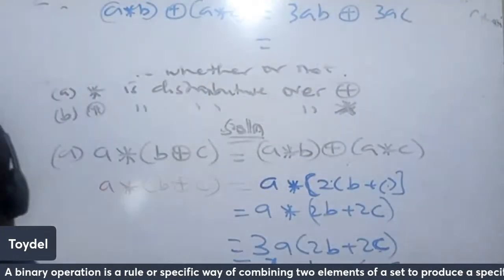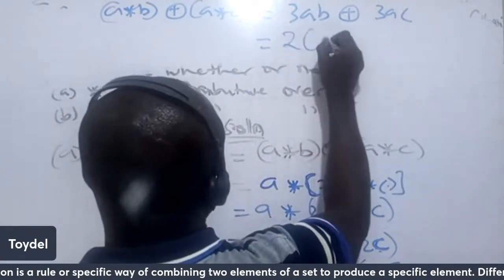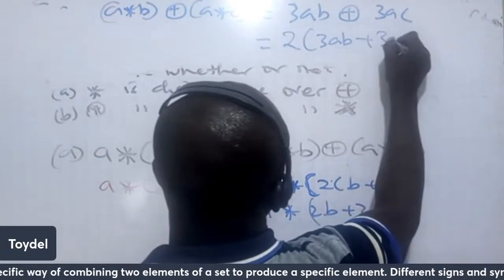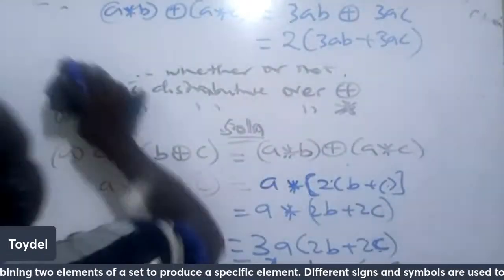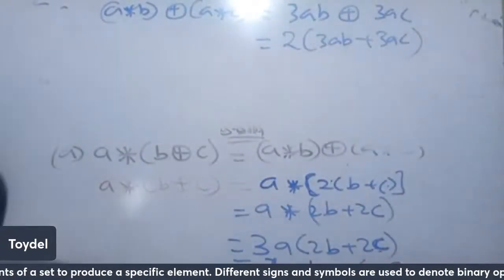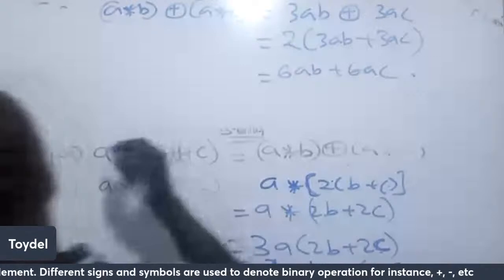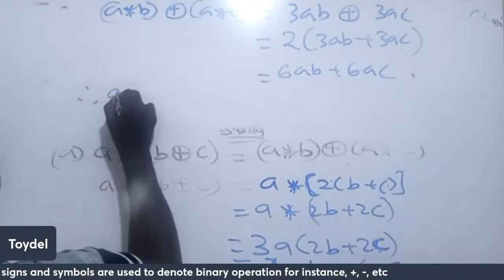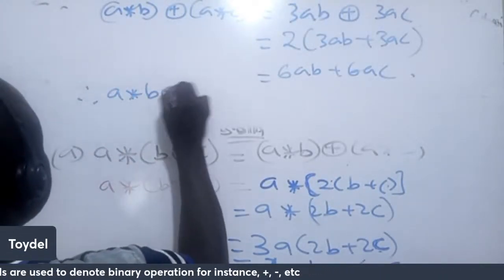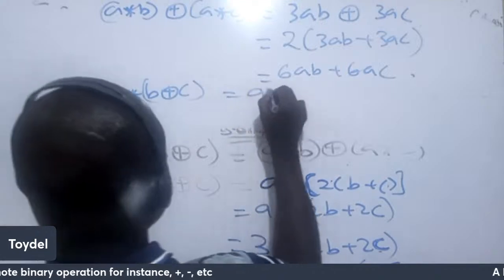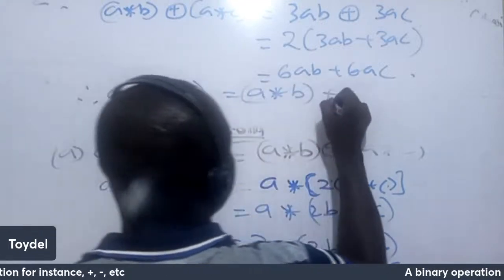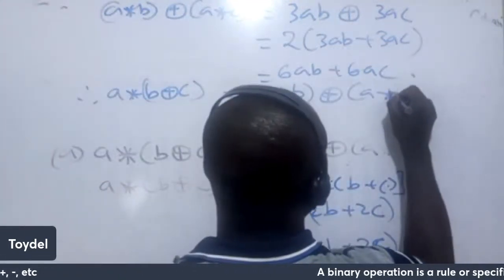So when we have plus, it's given as 2 into bracket 3AB plus 3AC. So if I open up, I'm going to have 6AB plus 6AC. Therefore, A asterisk B plus C is equal to A asterisk B plus A asterisk C.